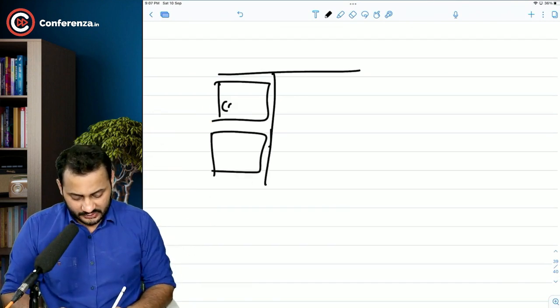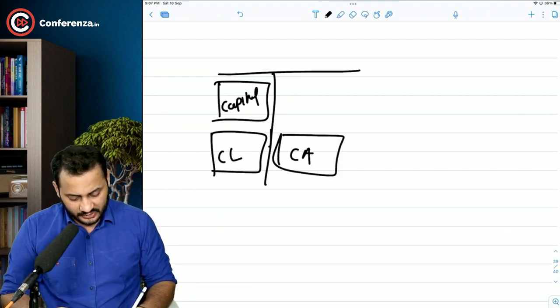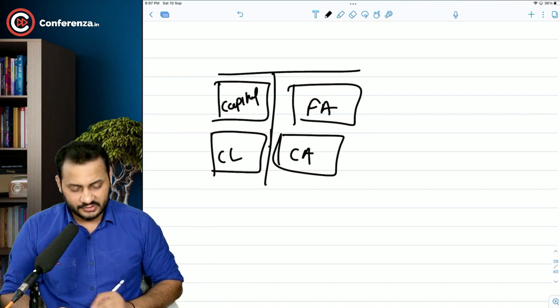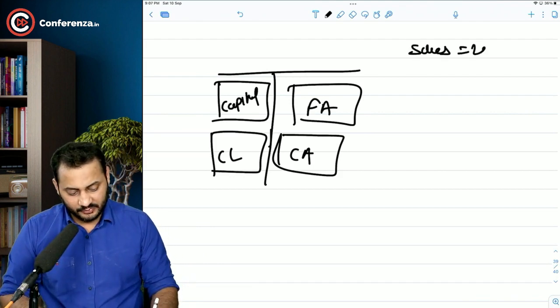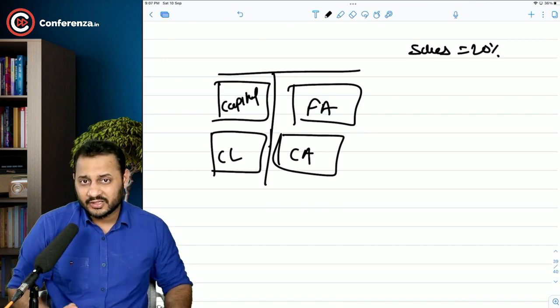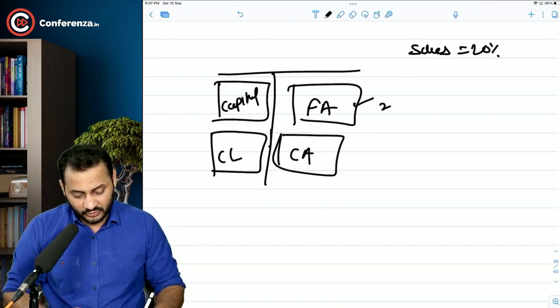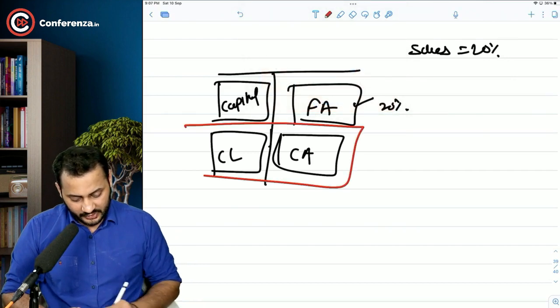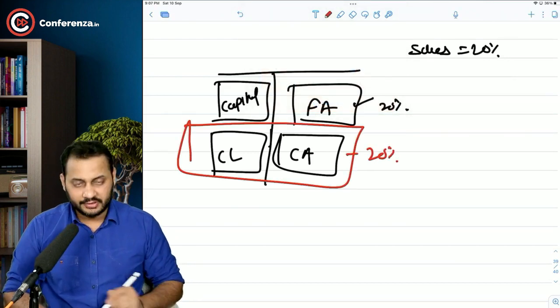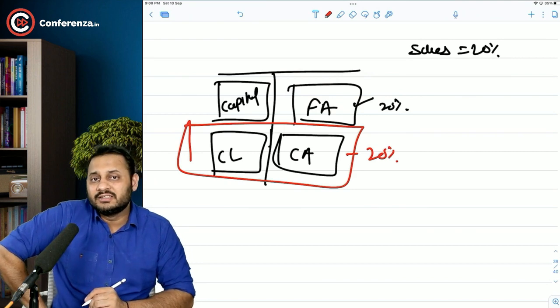This is current liability. This is current assets. This is fixed assets. Now, mostly what will happen if the sales are increasing by 20% and nothing else is given in the question, the fixed assets will also increase by 20% and the working capital will also increase by 20%. It will be in the same ratio.